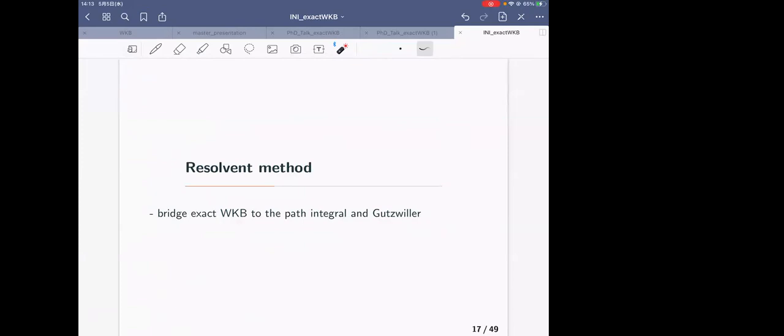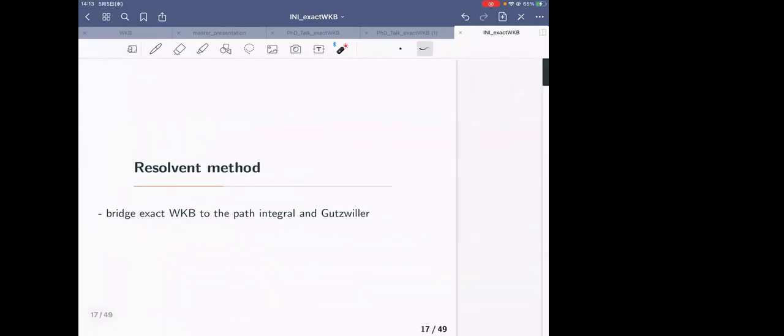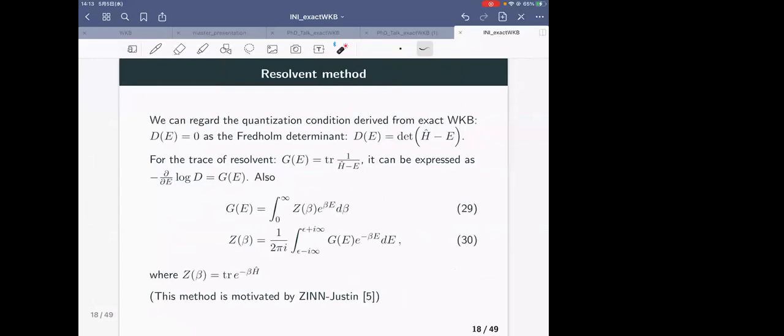From here, I explain how to connect this result to a semiclassical analysis of the partition function, the path integral method. As I said before, the exact quantization condition D is actually regarded as a Fredholm determinant, because the zeros of D are nothing but the spectrum of the system.